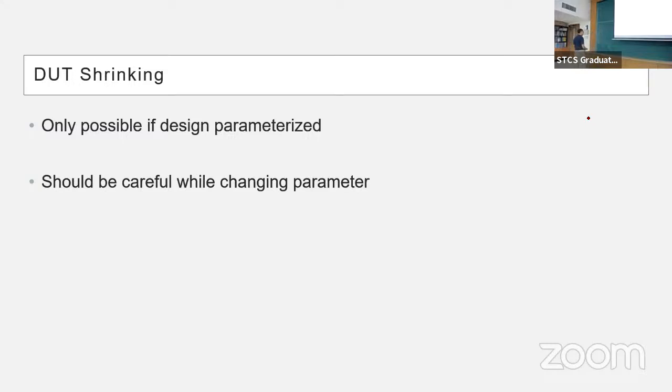So DUT shrinking is one of the easiest methods. What do I mean by this? Let's say we have this design, and inside the design we have some FIFO. We want to verify something at the output, and this FIFO is in the fan-in, meaning this logic has some influence.